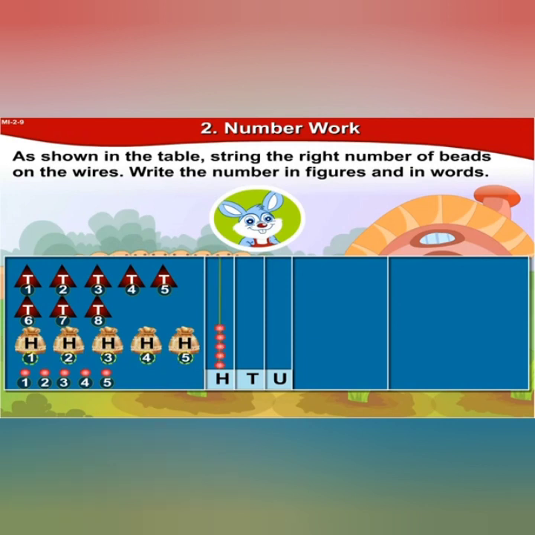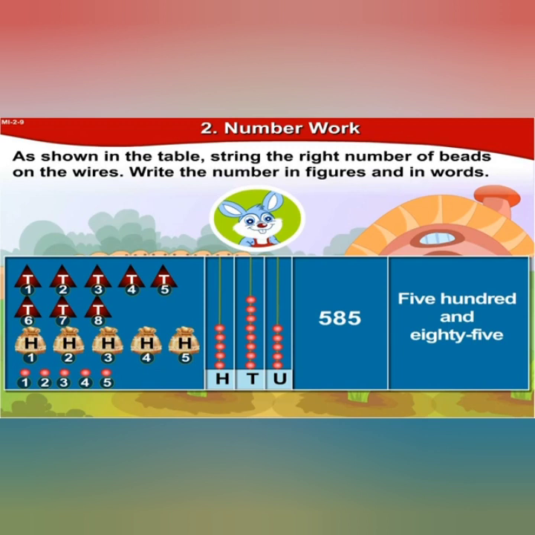Now at the wire of hundreds, we'll make 5 beads. At the wire of tens, 8 beads. At the wire of units, 5 beads. In figures, it is 585 and in words, it is 585.